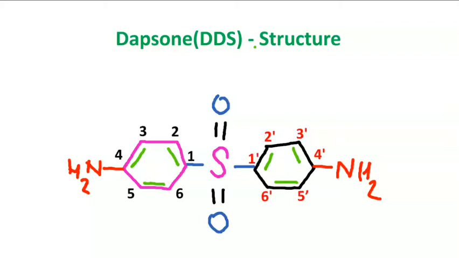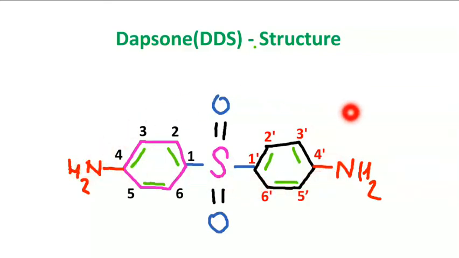If you number the structure, starting from the sulfone group, you go 1, 2, 3, 4, 5, 6, and on the other ring 1 dash, 2 dash, up to 6 dash.